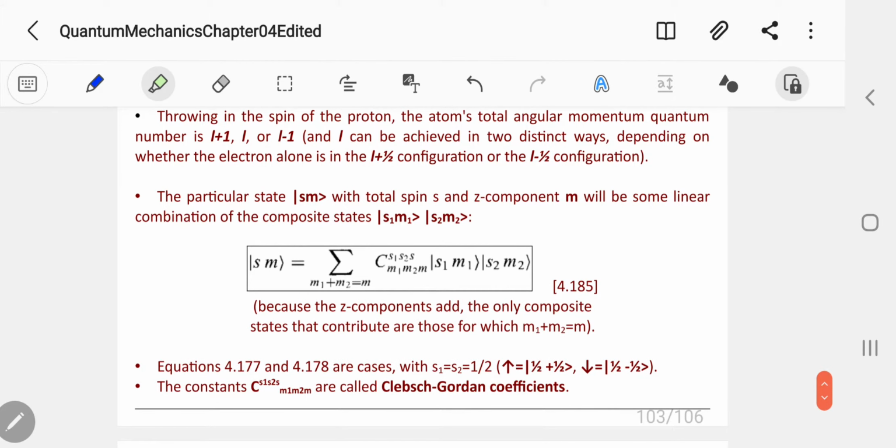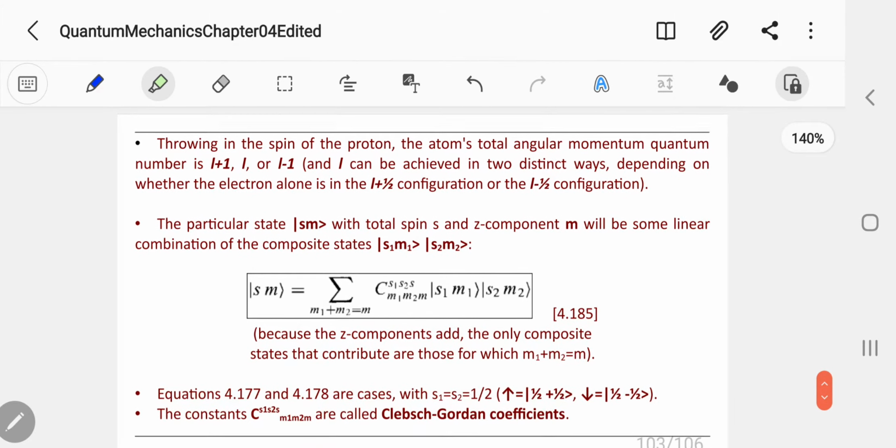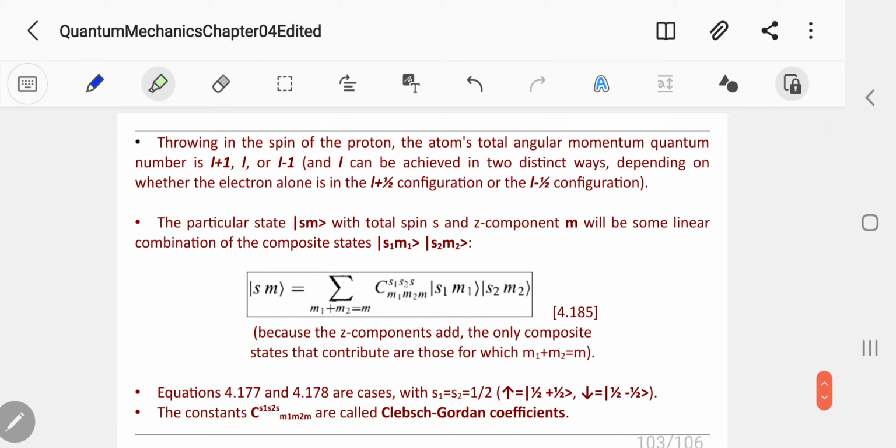So, let me just discuss to you the Clebsch-Gordan coefficient. If you have a particular spin state, S M, with total spin S and Z component M, then that spin state is a linear combination of the composite states S1 M1 and S2 M2.